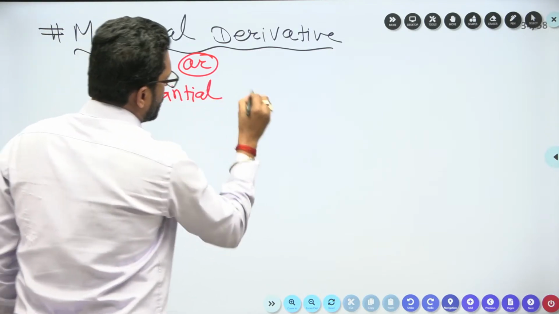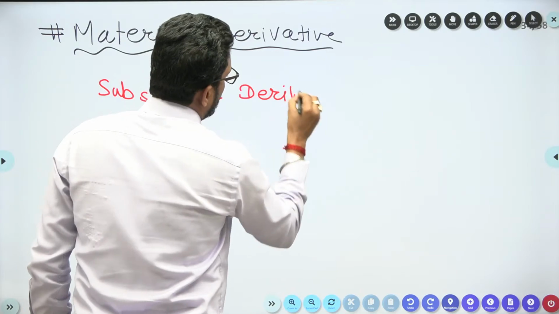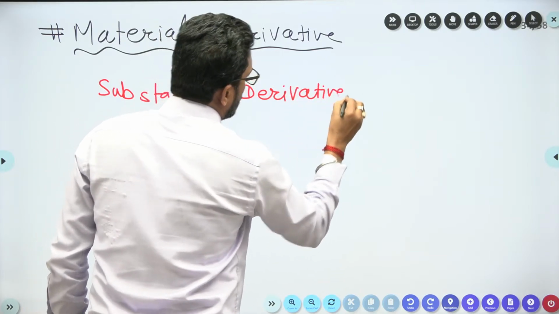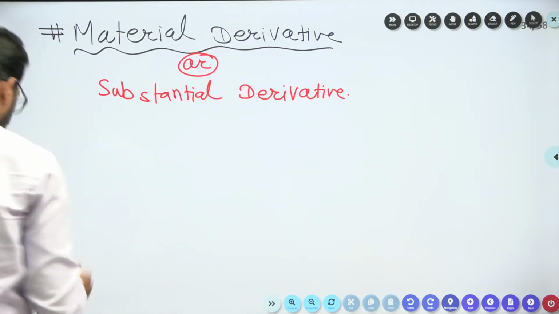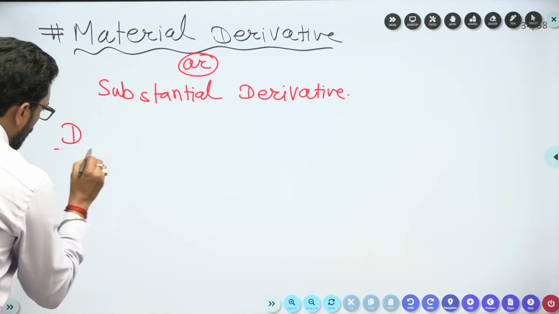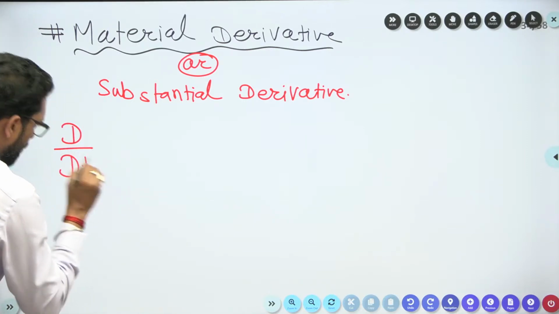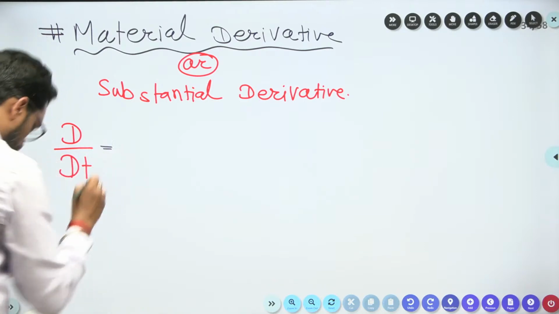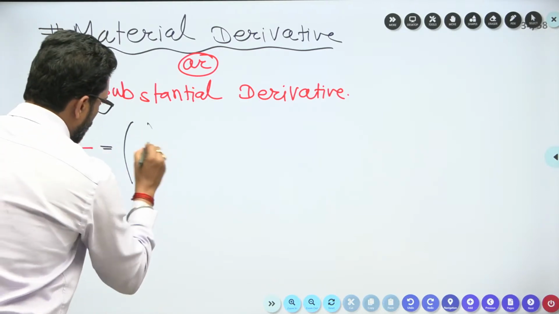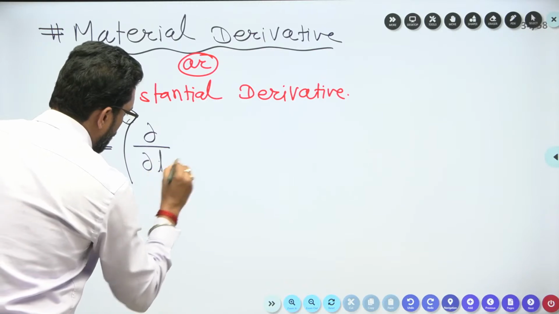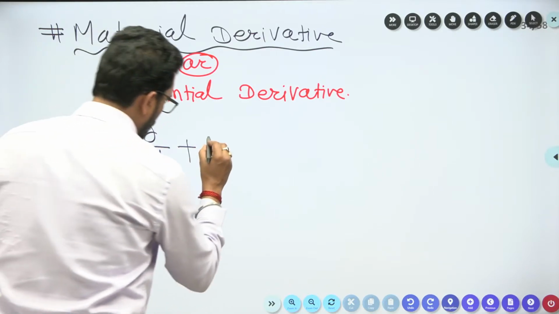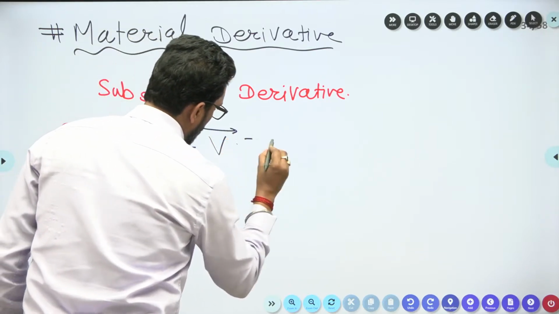D of Dt is equal to dou by dou t plus, very important, v vector dot del.